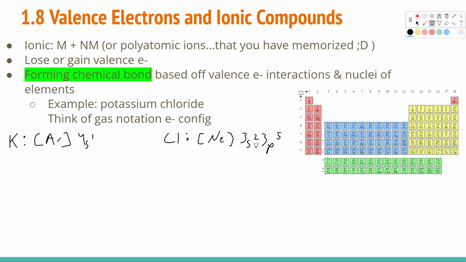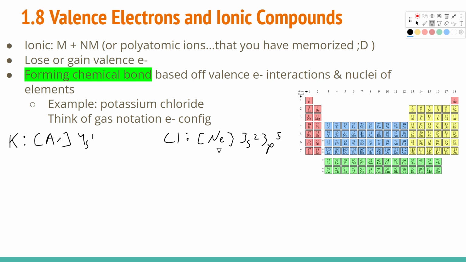Cool. And so in order for these to become ionic, you want to gain or lose electrons depending on the orbitals being filled. Looking at these two options, for potassium, I could lose this electron here, and it will have a full valence, because if I look at argon, argon would be 3s2, 3p6, and so that would be a full valence shell.